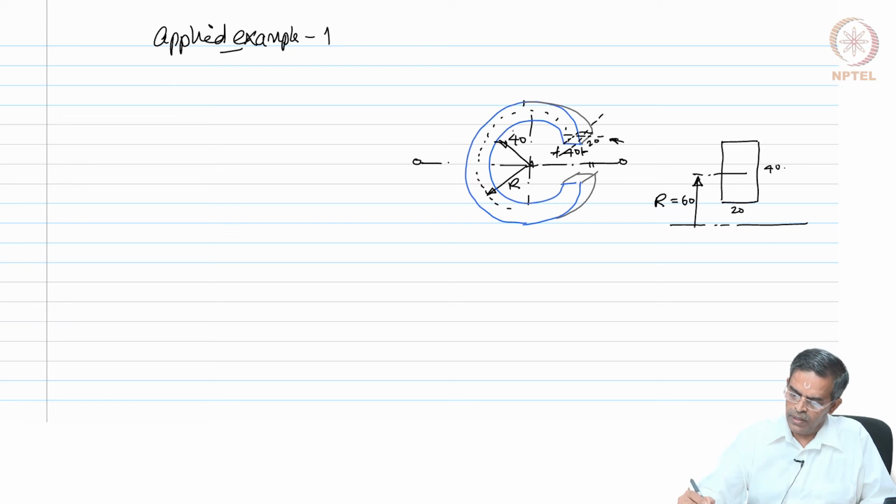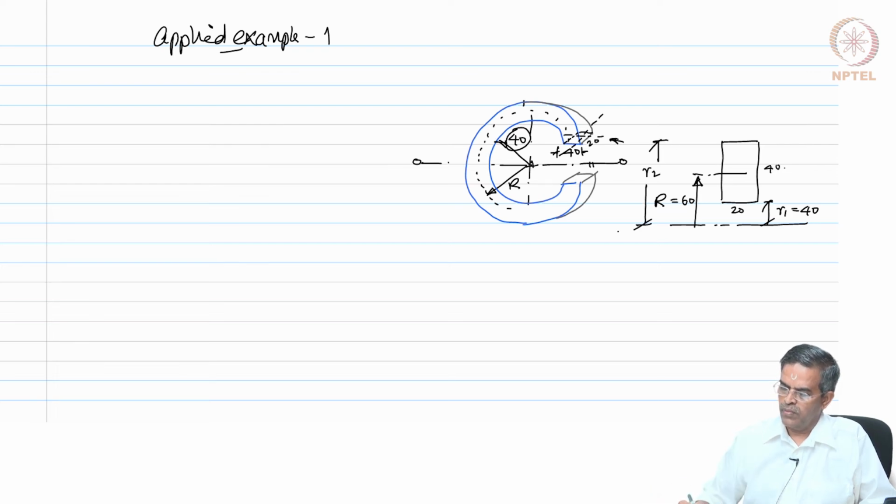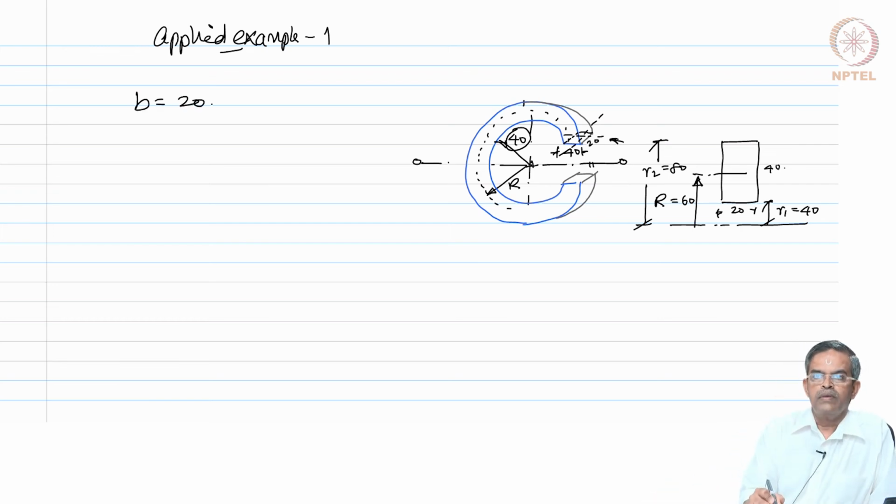Because this is 40 and furthermore another 20 becomes 60. So, we now say R1 is 40 and R2 will be 80, and B is 20.